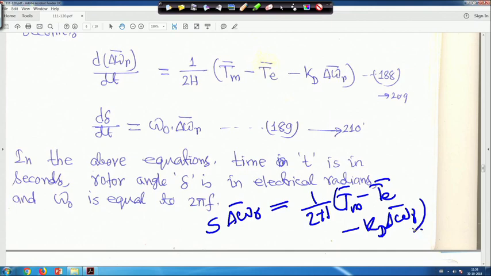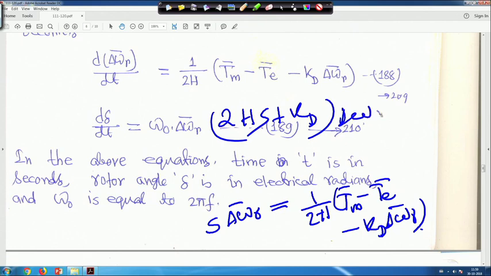Now, if you go for cross multiplication and simplify, bring the Kd omega r term to the left hand side. So, it will be Kd into delta omega r bar, and here also delta omega r bar, is equal to Tm bar minus Te bar. So, 2Hs plus Kd will be there.